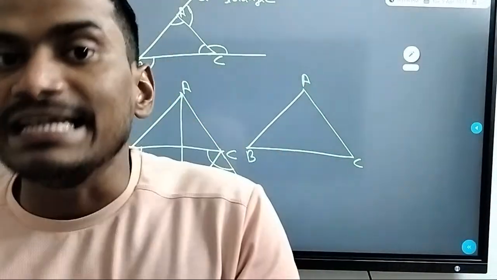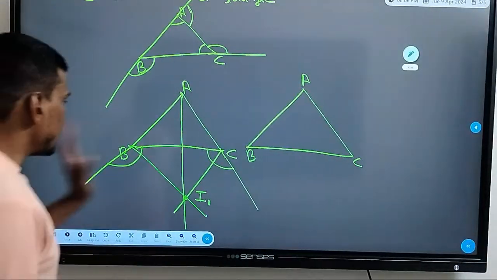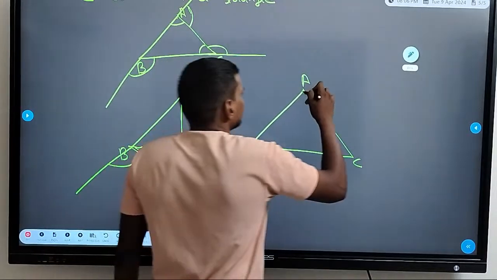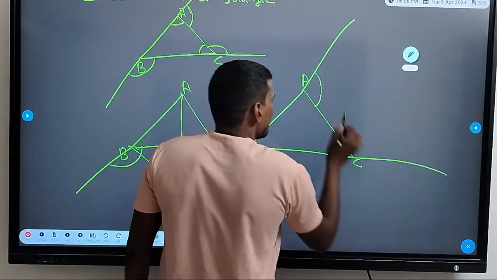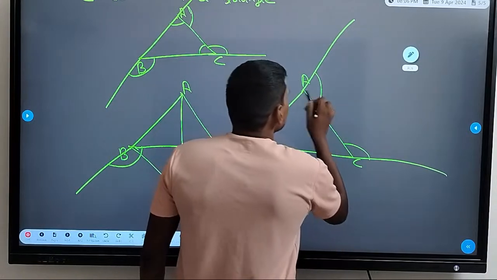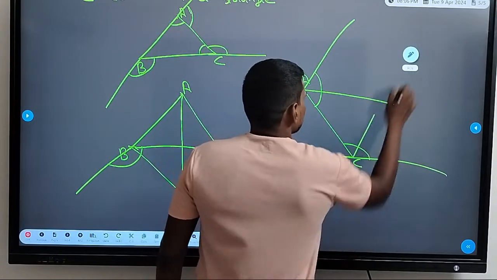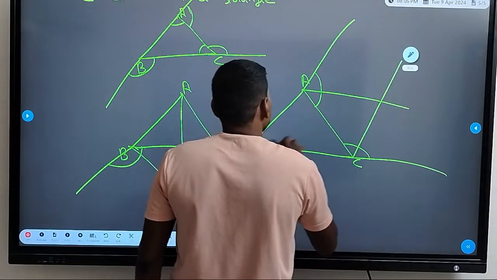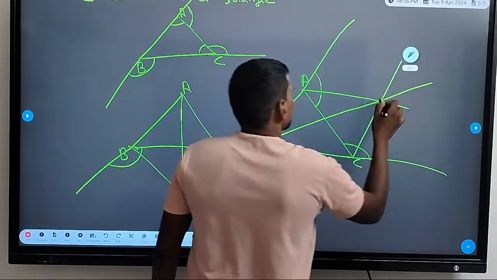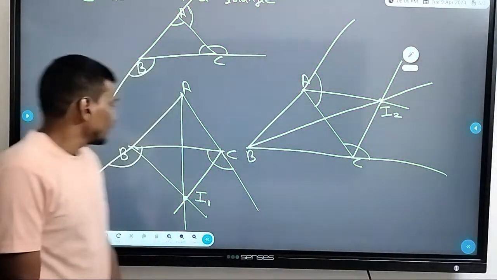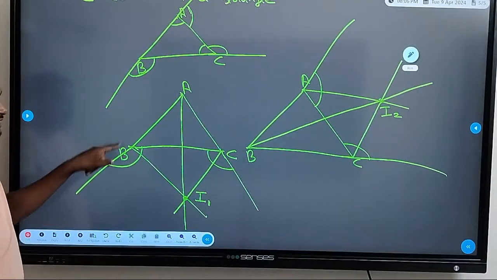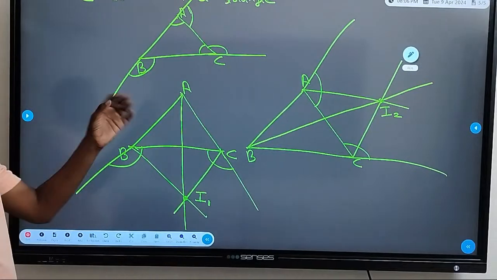This type of three excenters are possible. So this is I1. If I take this external angle, this also external angle, and one internal, this will be I2. So if I take AB external, C internal, that will be I3.